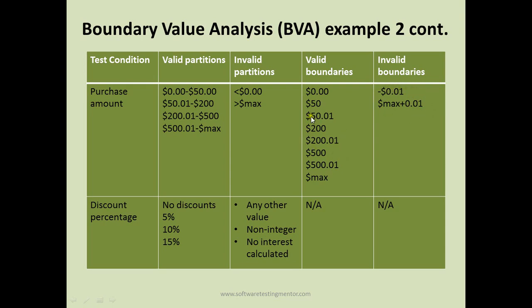In this case you need to test these 8 values for this discount scenario in a store, and the 2 invalid boundaries to make sure that error handling is done properly for any invalid boundaries, and for any valid boundaries and partitions your discounts are being calculated perfectly fine.